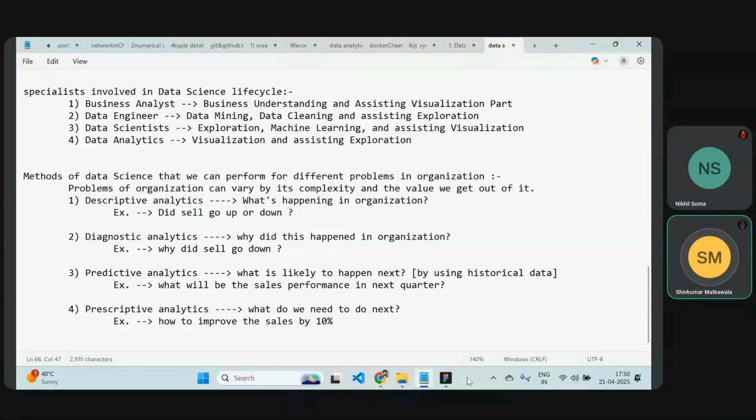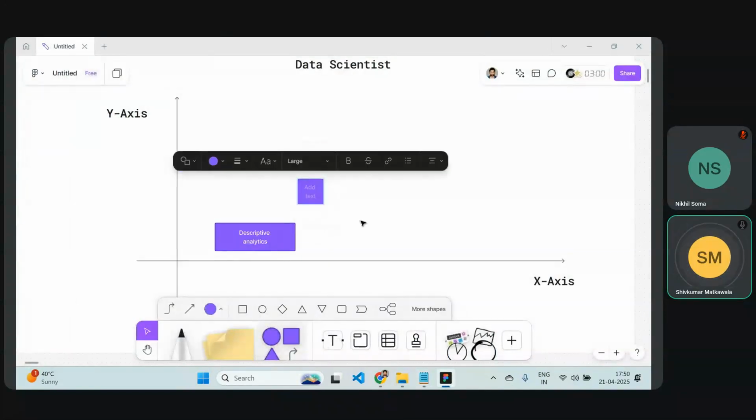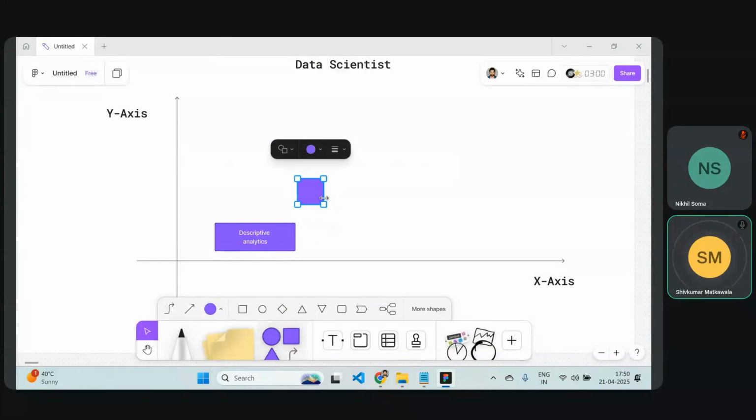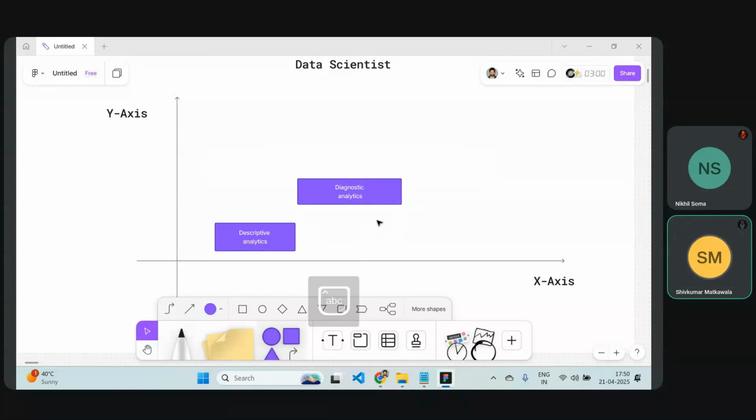You want to know that, so the value of that question is a little higher. So I will write it here: diagnostic analytics.